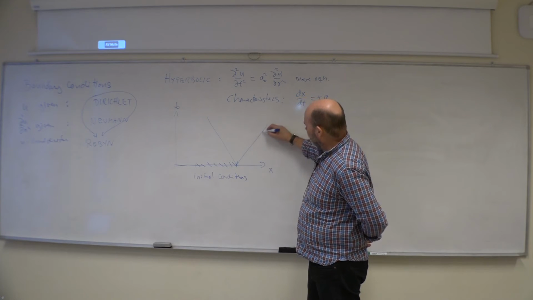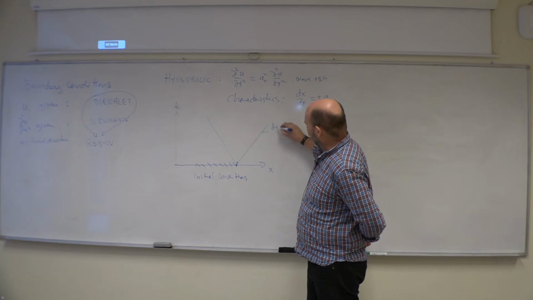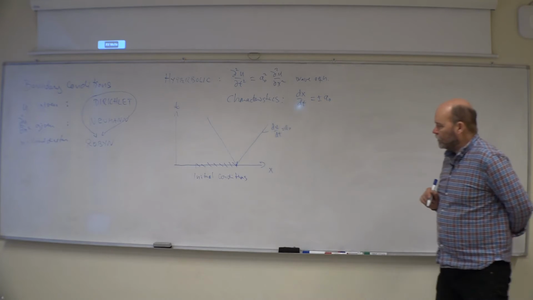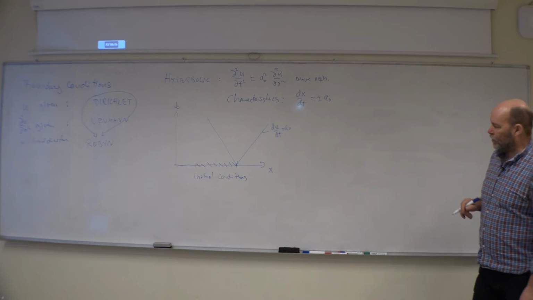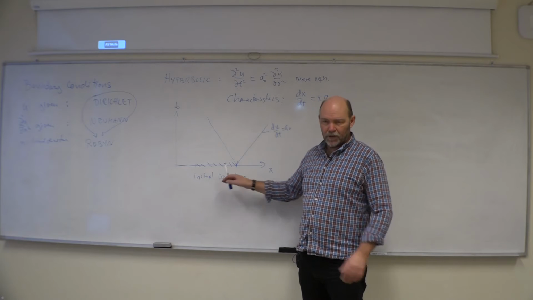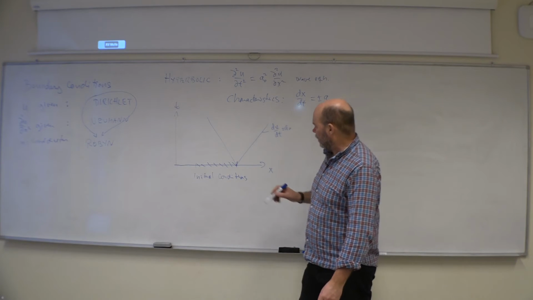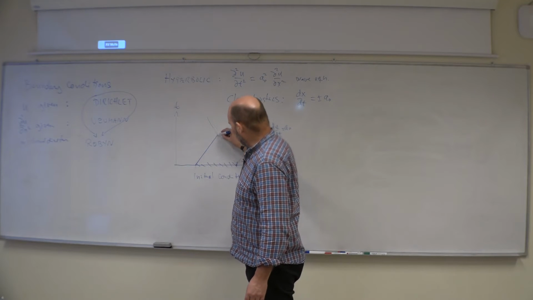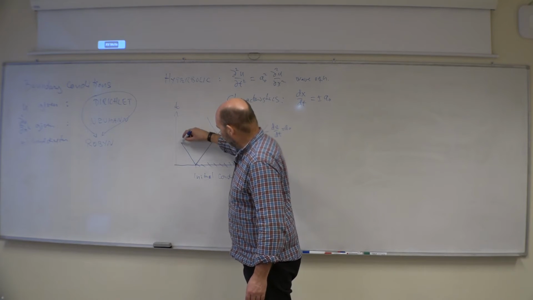So here you have the characteristics, dx/dt equals a0. So the information will spread out. That will happen to every point. Every data that we have here will do exactly the same. Also, the leftmost point will also spread out something like this.